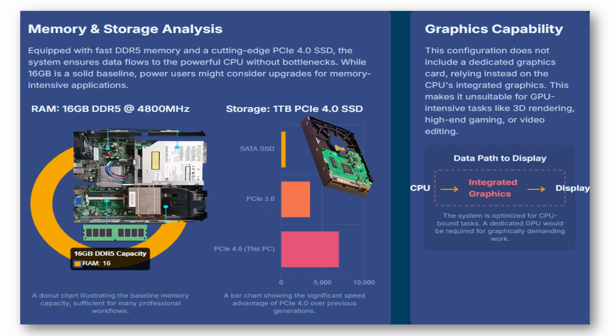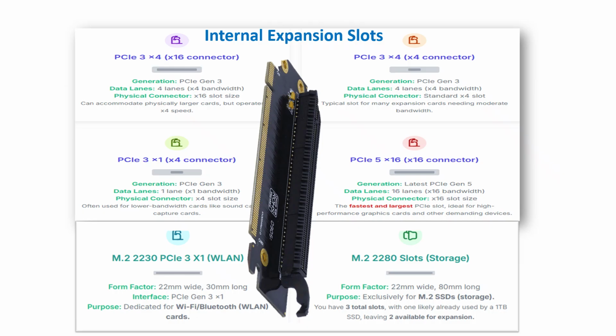So now to come to the next point. This internal expansion slot that you have seen in the last picture is a PCI, Peripheral Component Interconnect, slot. The 3 into 4 means version 3 with 4 lanes, and the lanes indicate the bandwidth.